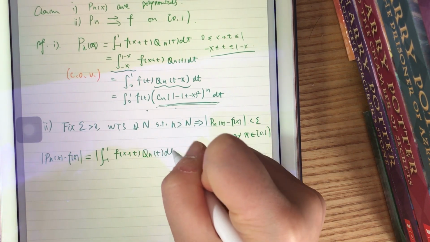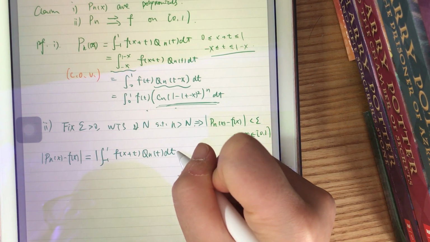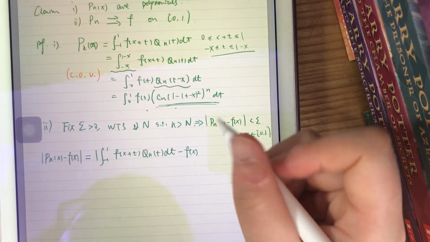So if you directly write it down as Pn minus f(x), the first term will be an integral, and the second term will be only f(x), right? But we want to take the function f(x) into that integral, so we somehow create the number 1.